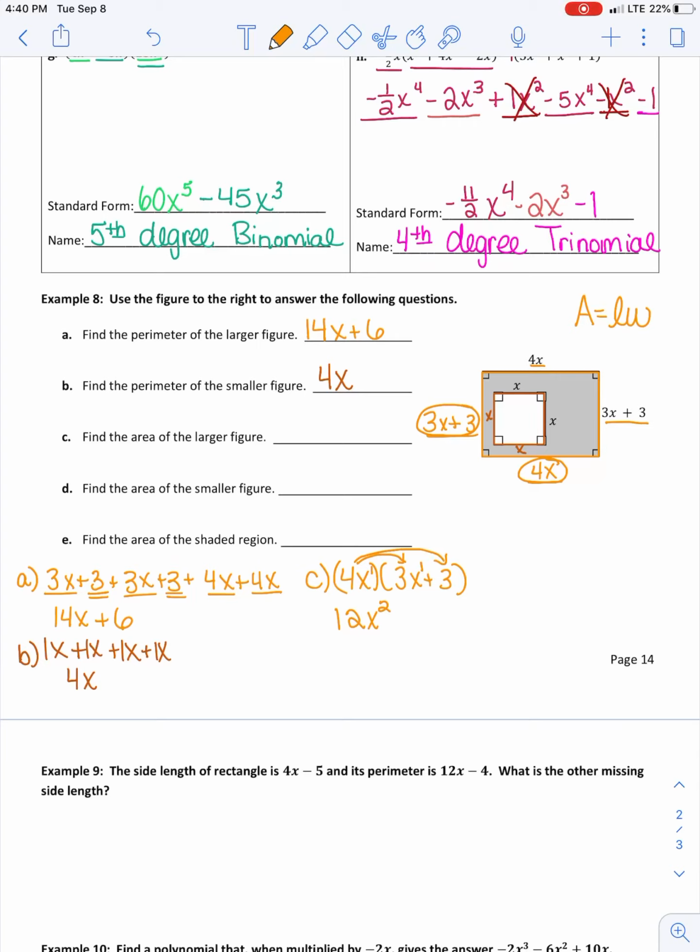So 4 times 3 is 12. And then there's not an x here, so that's just going to stay x. All right. So our simplified area of our larger figure is 12x squared plus 12.